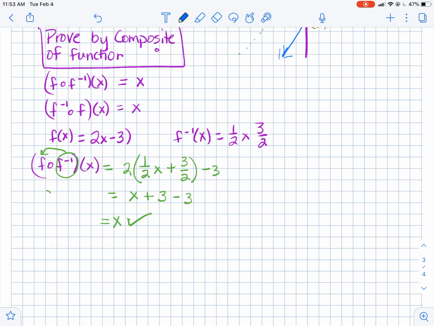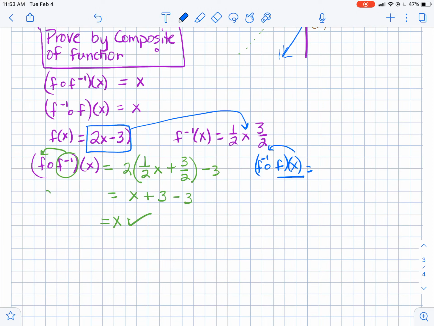Now, my next one is just the inverse of it, if you want to call it that. I'm going to do f inverse of f of x. That's now saying that I need to take the f of x and put it into the inverse. So now I'm taking my f of x and putting it here.